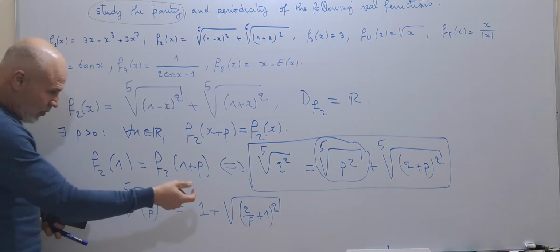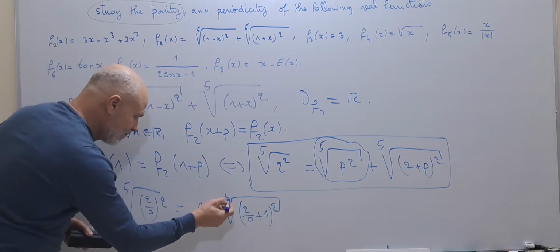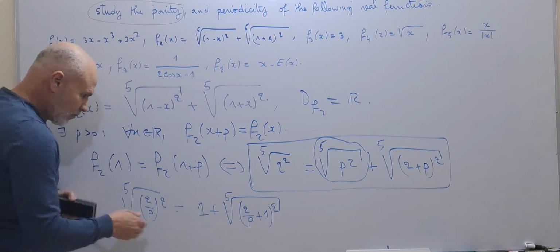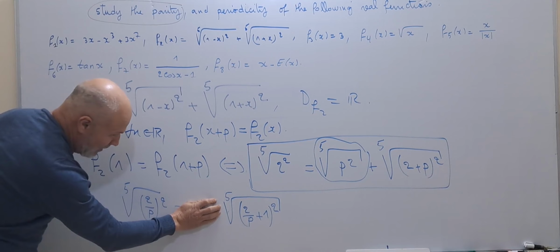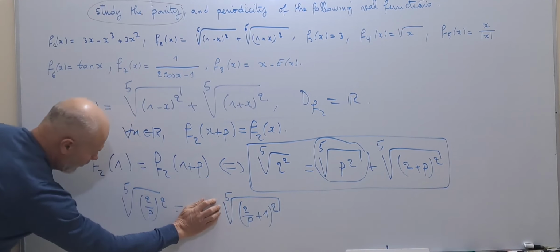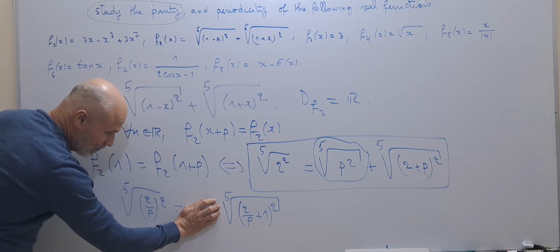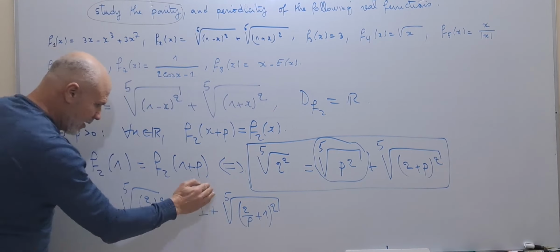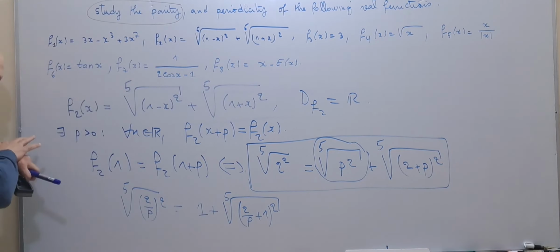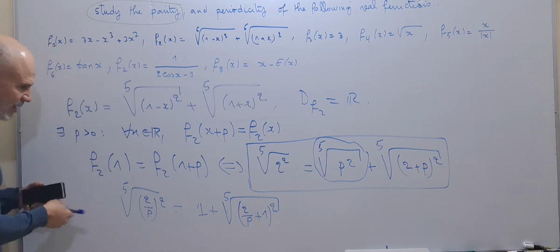Why? Because we have here the fifth root of 2 divided by p plus 1 square, which is greater than the fifth root of 2 divided by p square. Then if we add 1, we are sure that this is strictly greater than this one. So we have no solution for this equation.